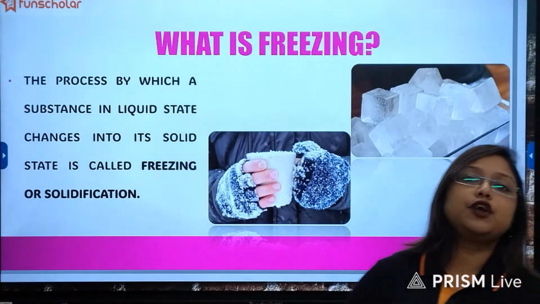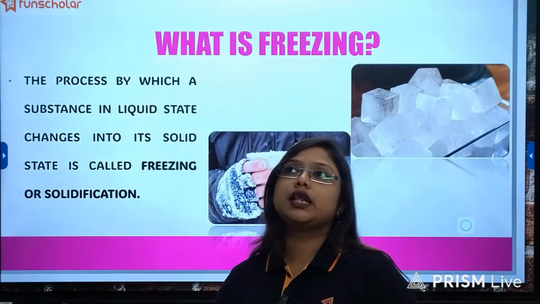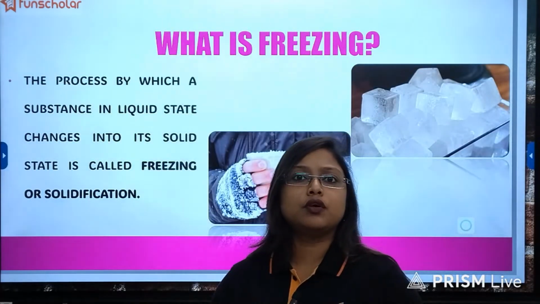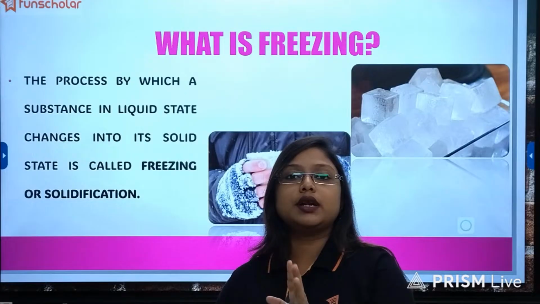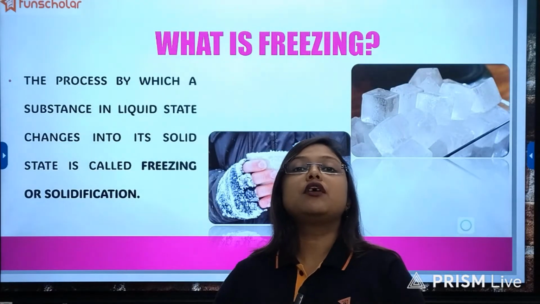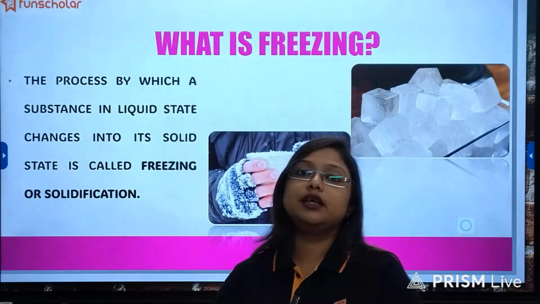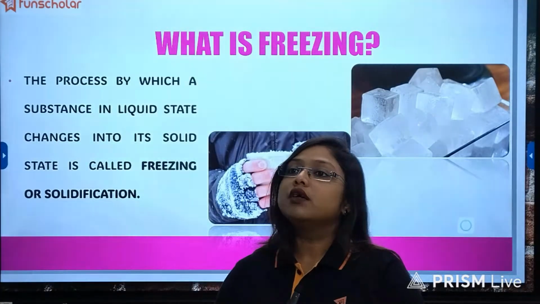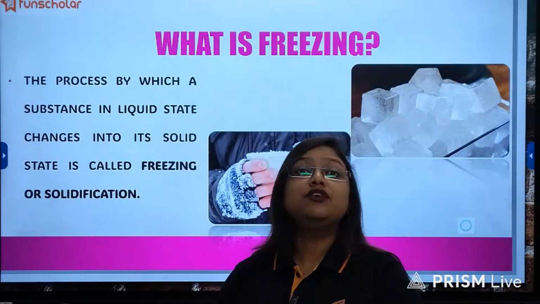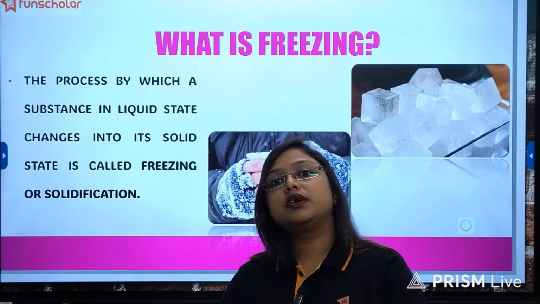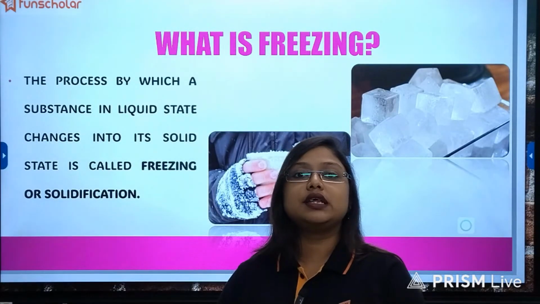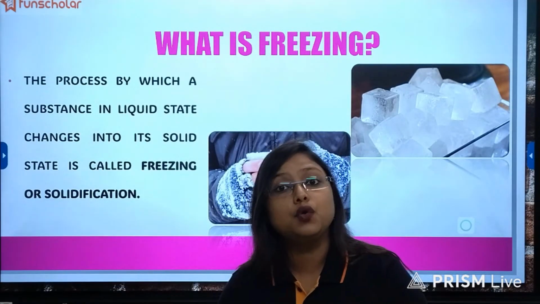If we talk about water in a very cold zone, and we put the water in a glass, because of the temperature, that water will change into ice. In real life, if we take some water and put it into our freezer, then after a few hours we can see that the water is converted into ice.